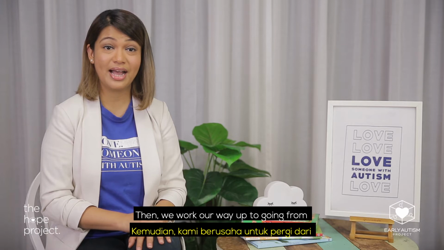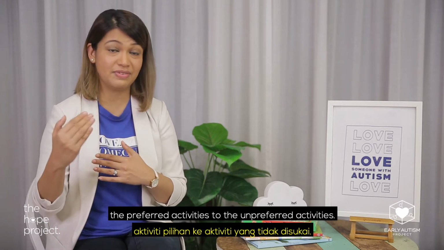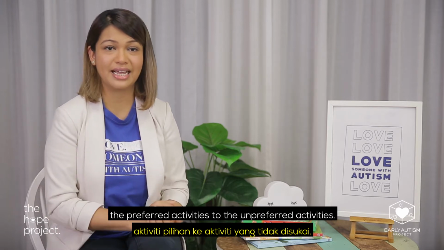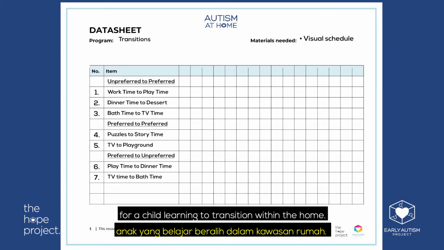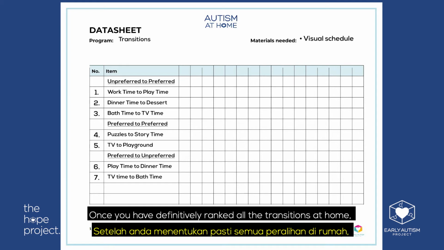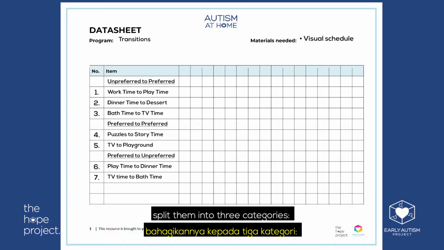Then we work our way up to going from the preferred activities to the unpreferred activities. Here is an example of how this could look like for a child learning to transition within the home. Once you have definitively ranked all the transitions at home, split them into 3 categories: unpreferred to preferred, preferred to preferred, and preferred to unpreferred.